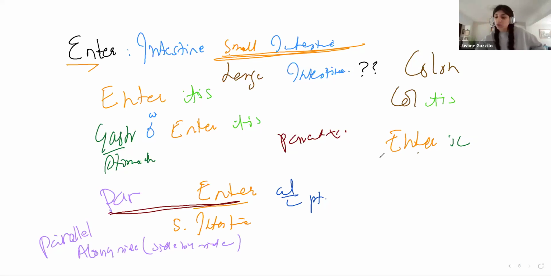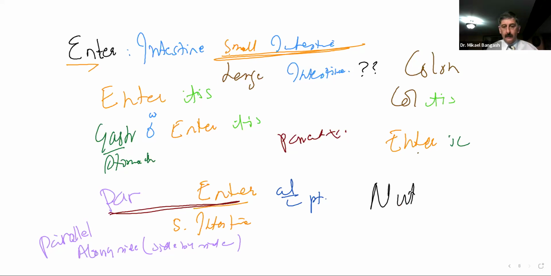Question: what would you write for the definition of parenteral? The actual whole term is parenteral nutrition. The reason we call it parenteral is that par is derived from the word parallel, which means alongside or side by side.